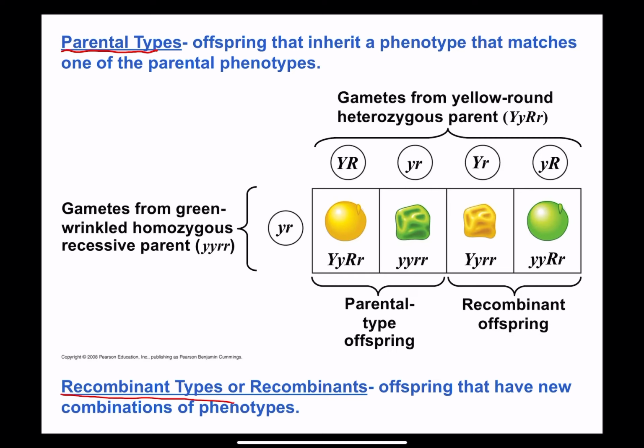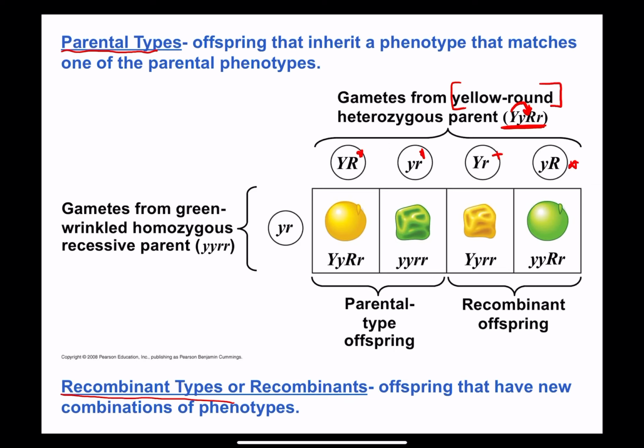So for Mendel, let's look at a Mendelian example. He had the yellow round peas with this parent, okay? So if we FOIL this, big Y, big R, big Y, little r, little y, big R, and little y, little r, these are the alleles that parent would produce, right?